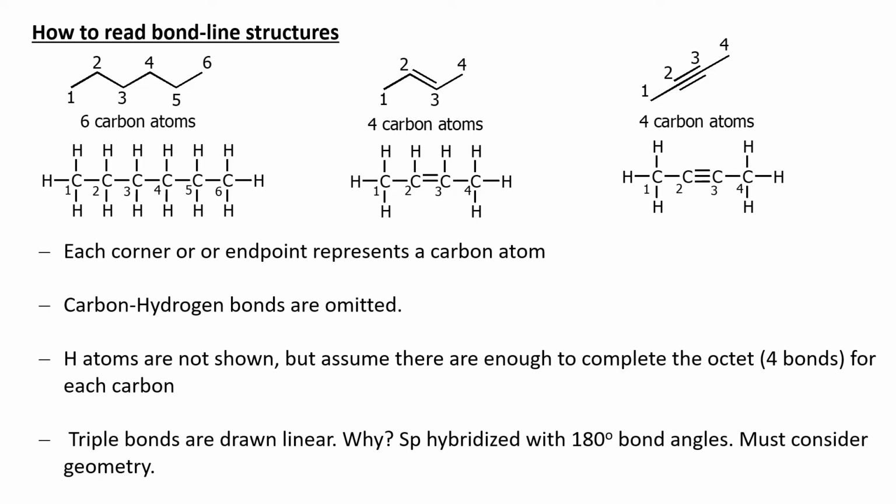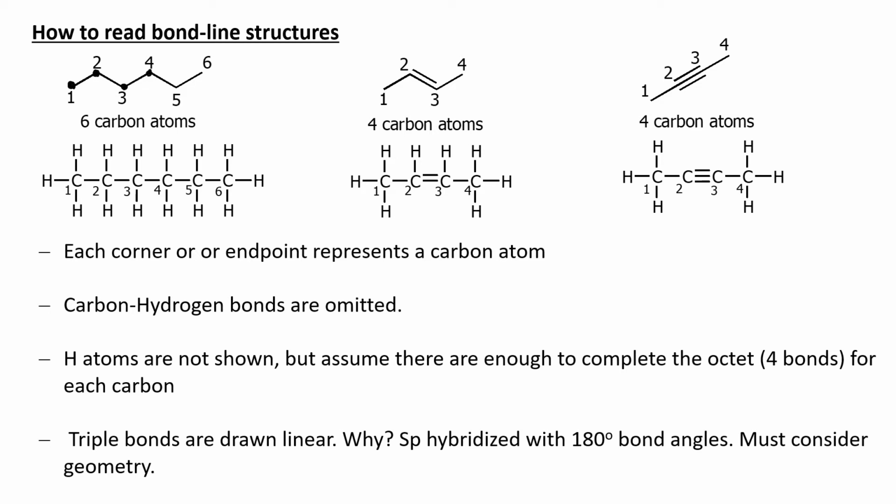So here's how to read a bond-line structure. I have several examples up top, and let's read the characteristics of bond-line structures and refer back to each of the examples. Each corner or endpoint represents a carbon. Let's look at our first example. The endpoint is a carbon. A corner is a carbon.